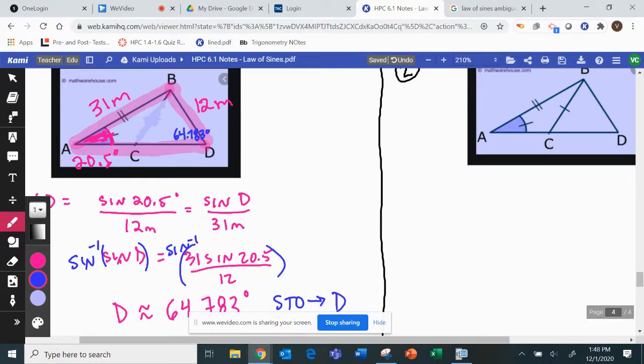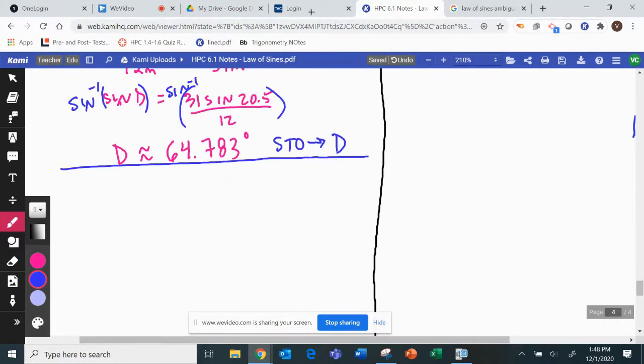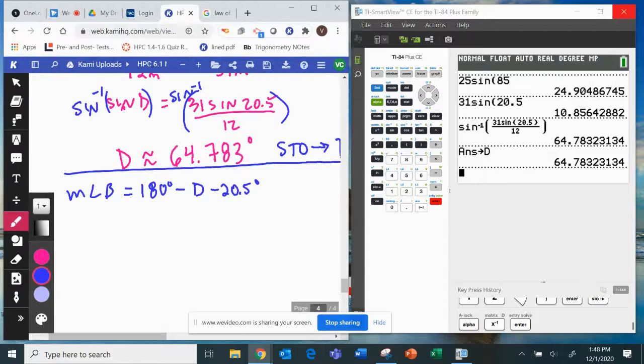What, Gracie? Angle B. Oh, angle B. Mm-hmm. All right, so let's find angle B. And we can just use our triangle sum theorem. Take 180, we're going to subtract off angle D, and we're going to subtract off 20.5. So since I stored it, just want to use it since I stored it anyway. I'll go ahead and type in 180. Why is it not working? 180. Oops. Okay. And then I'll subtract off alpha D, and then I subtract off 20.5.